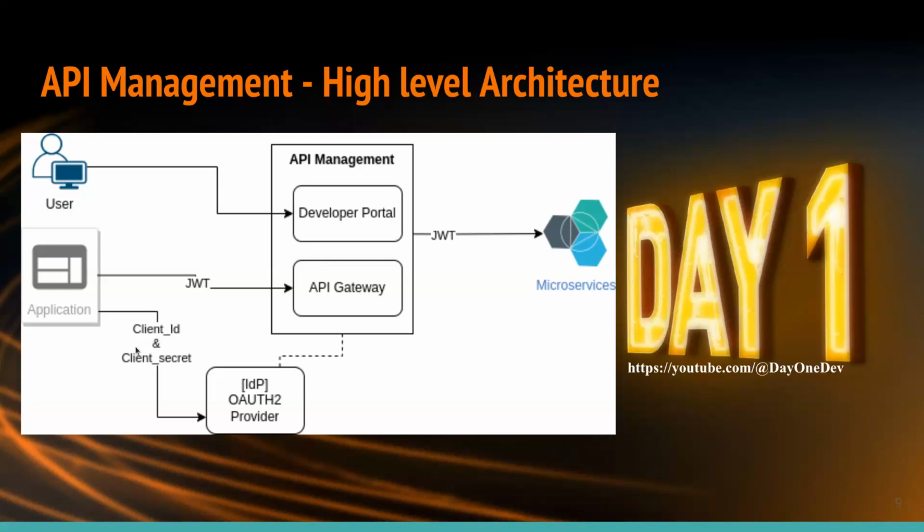It validates the signature, and sometimes, depending on how secure your organization is, you might send that JWT and the IDP provider also does a second check. That's why you see a dotted line here. Once your validations are successfully done, you send your calls back to your backend services. There might be microservices or something else, right?